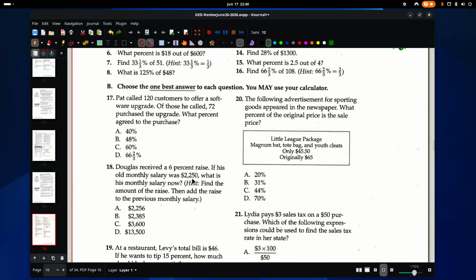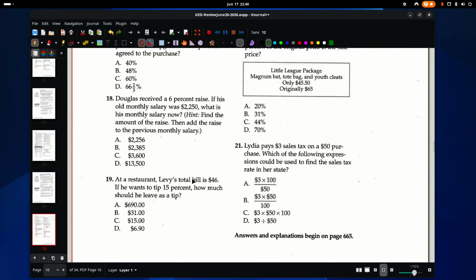All right. Lydia pays $3 sales tax on a $50 purchase. Which of the following expressions could be used to find the sales tax rate in her state?